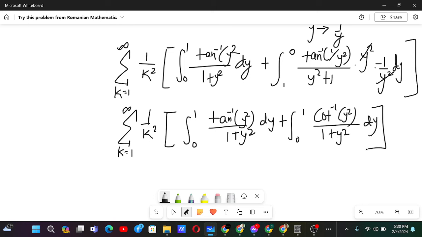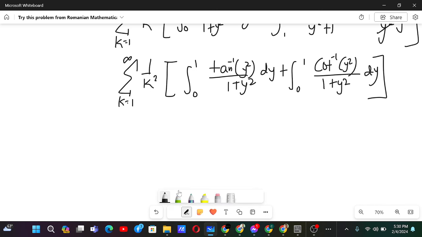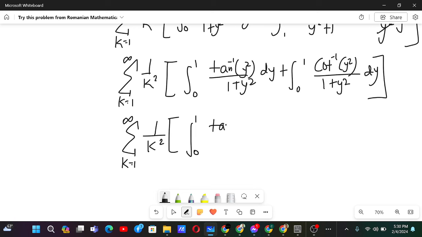Since both integrals have the same limits of integration, we can combine them into a single integral, and that gives us the sum from k equals 1 to infinity of 1 by k square of the integral from 0 to 1 of tan inverse y square plus cot inverse y square by 1 plus y square.